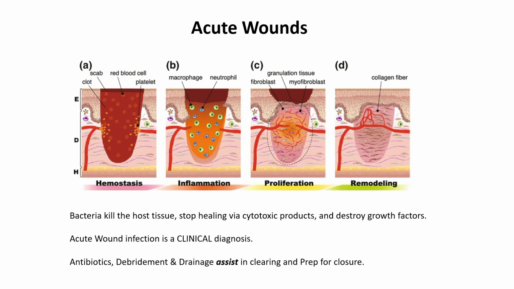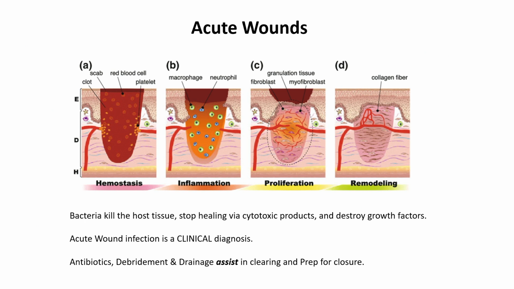So the problem is when there is contamination with bacteria, or the quantity of injury and tissue depth is excessive, and bacteria kill host tissue, and it stops healing via the products. And acute wound infection is a clinical diagnosis.